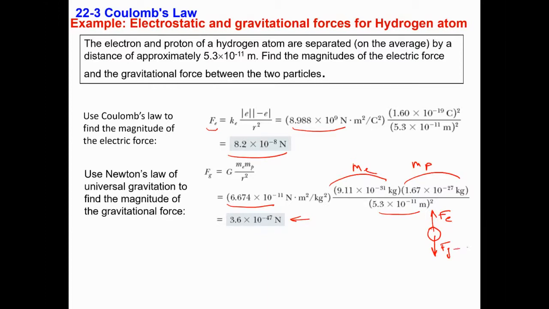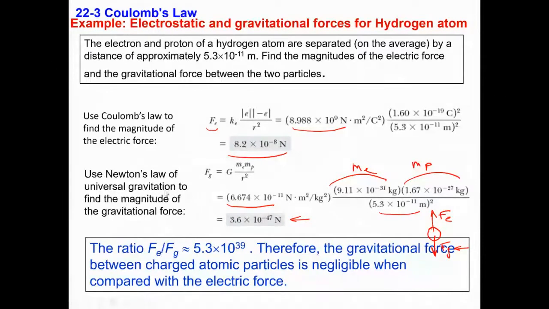So he could not ignore the gravitational force on the drop of oil, because it's not insignificant. But for electrons and protons, the ratio of the electrostatic force to the gravitational force is 5.3 × 10^39. So the gravitational force is really insignificant in this case.